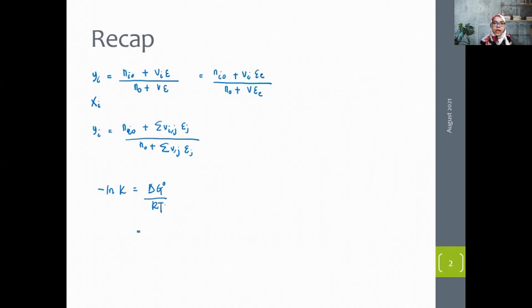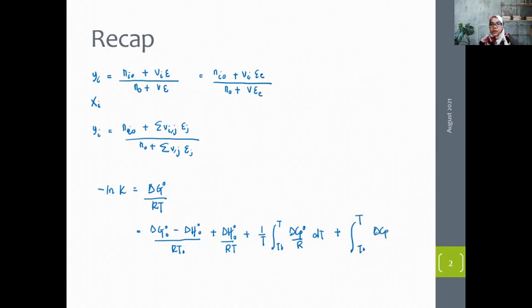And then we can also expand this equation to the G at reference temperature, usually at 298 Kelvin, minus delta H standard at reference temperature over RT naught, plus delta H over RT, plus 1 over T naught to T delta Cp naught or standard over R dT over T.